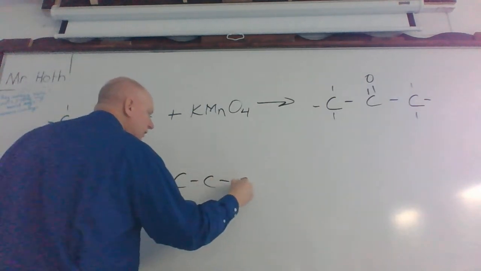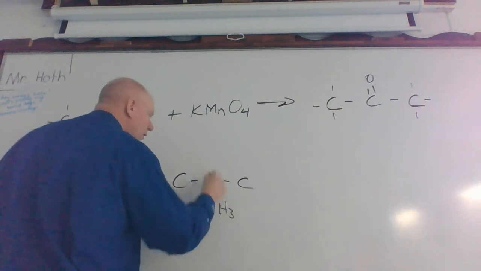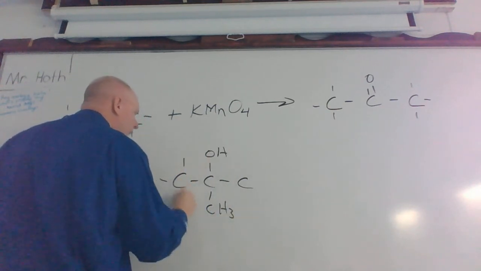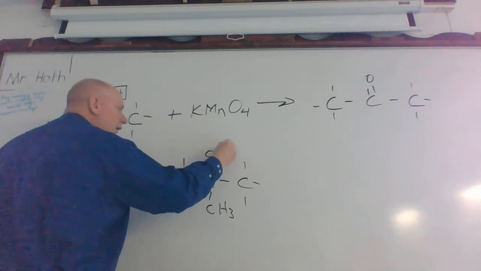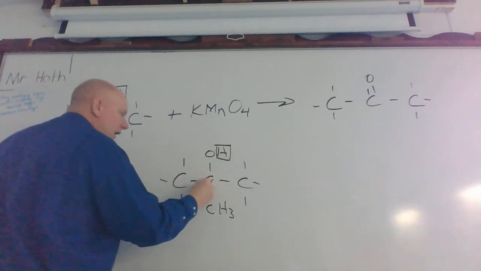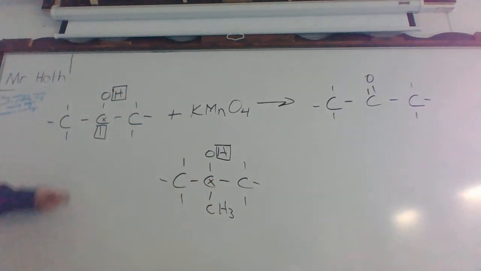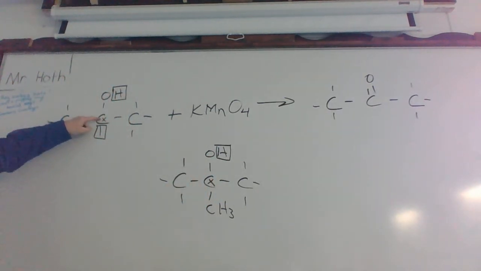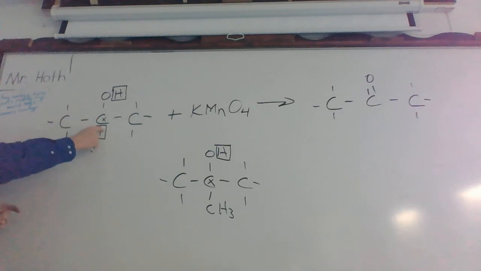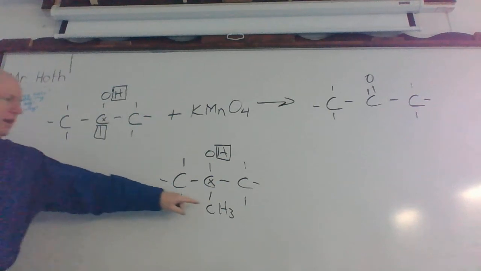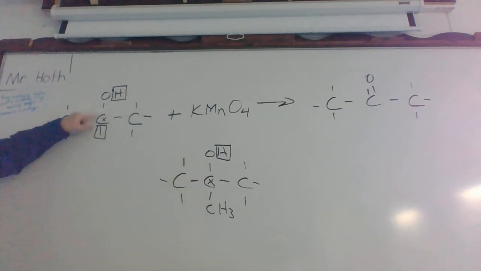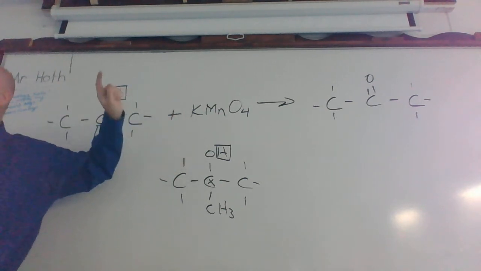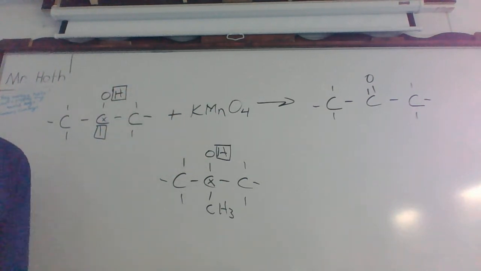If we were to take this tertiary alcohol, and we're going to take this hydrogen off, is there an adjoining hydrogen like there is on this secondary one? On this secondary alcohol, we could take that hydrogen off. But is that a hydrogen atom down here? No, it's a carbon-to-carbon bond, not a carbon to hydrogen. And that's why tertiary alcohols do not oxidize.